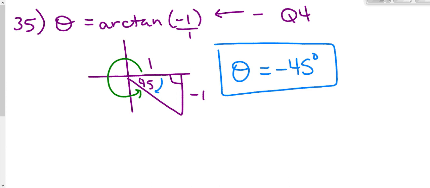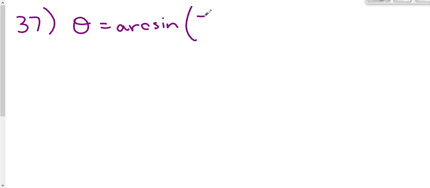Now we do 37. Theta equals arc sine of negative square root 3 over 2. That's very similar to one of the previous ones, but it's arc sine.